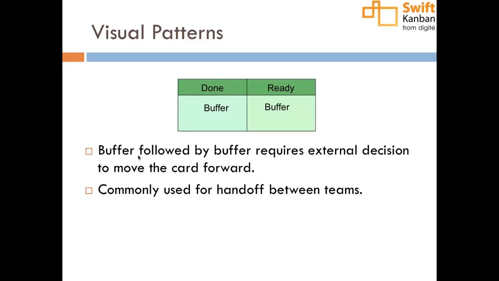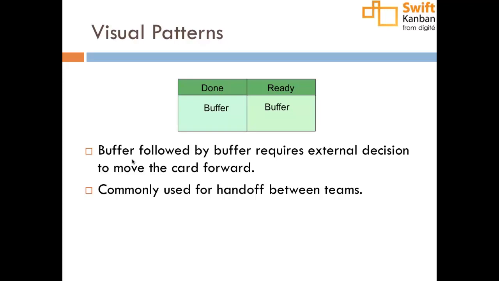So this also allows metrics to be segregated so that each team is measured on its own terms. So that's that pattern. The ready column works as the commit point for the next team. Basically, between buffers, where there's a line in between, there is some sort of decision being made, and generally that is a commitment decision.